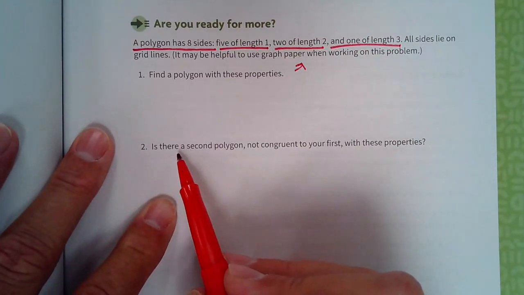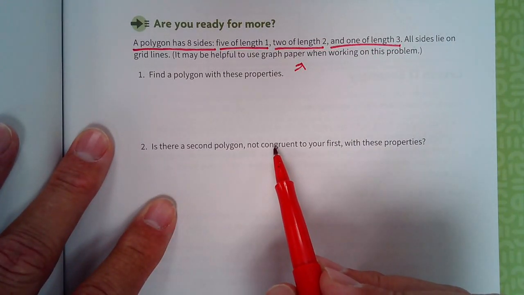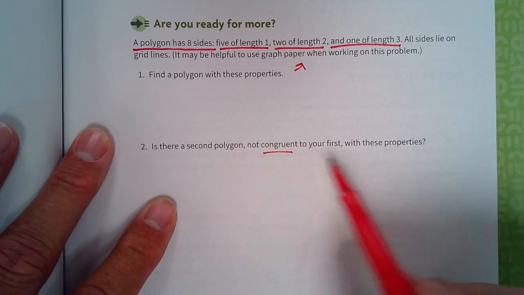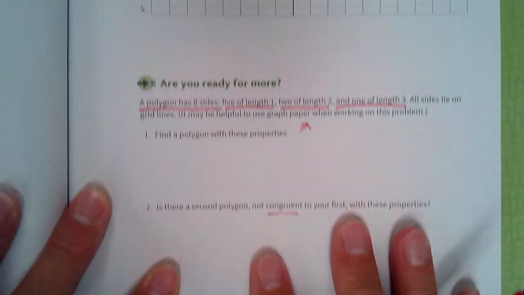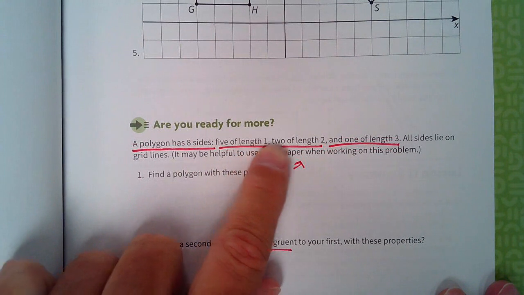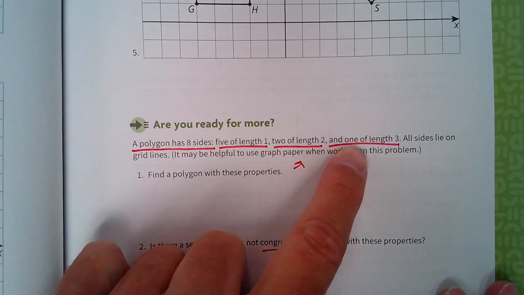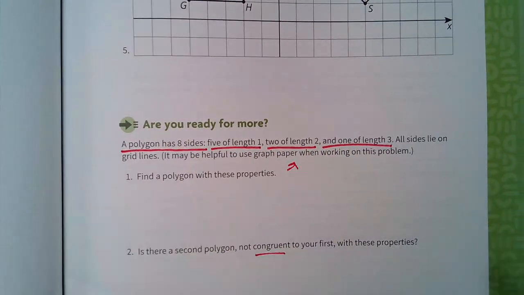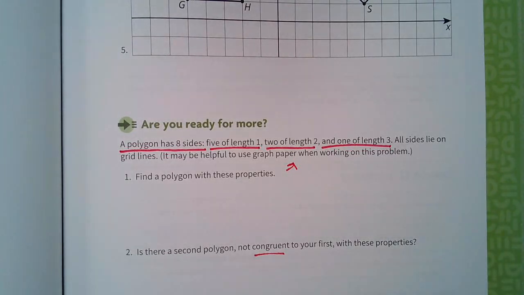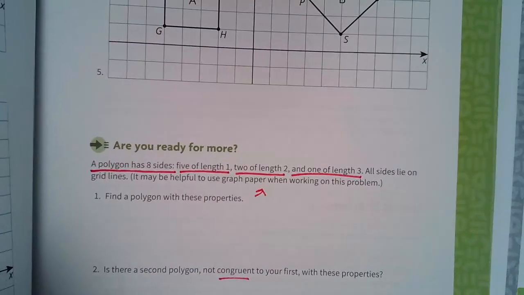And then number 2 here, is there a second polygon, not congruent, not the same as your first, with the same properties? 8 sides, 5 with a length of 1, 2 sides with a length of 2, and 1 side with a length of 3. And again, I have some graph paper that I will give you.